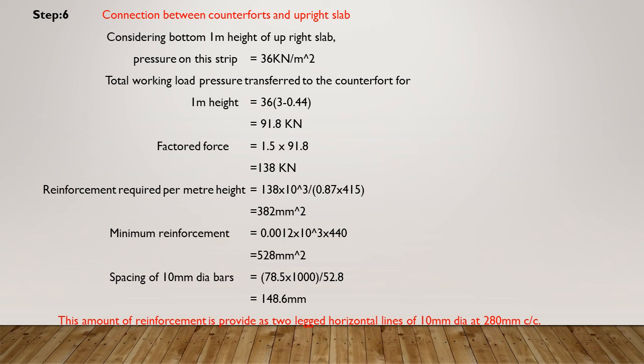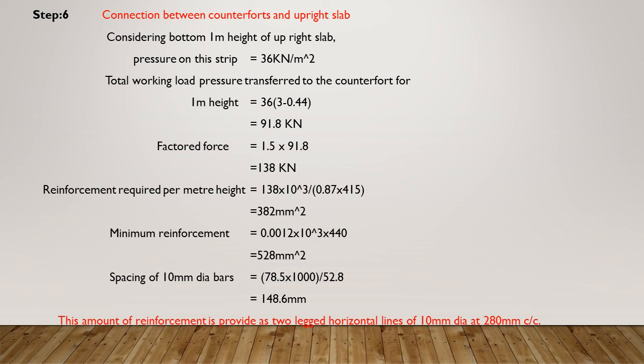Then the reinforcement required per meter, so you need to multiply by the cross section. So 138 into 10 power 3 divided by 0.87 into fy. The fy is given in our question, so directly apply the 415. So 382 mm square. Then the minimum reinforcement is equal to 0.12 percentage of the cross-sectional area. So apply the cross section and the 0.12 percentage value, then 528 mm square.